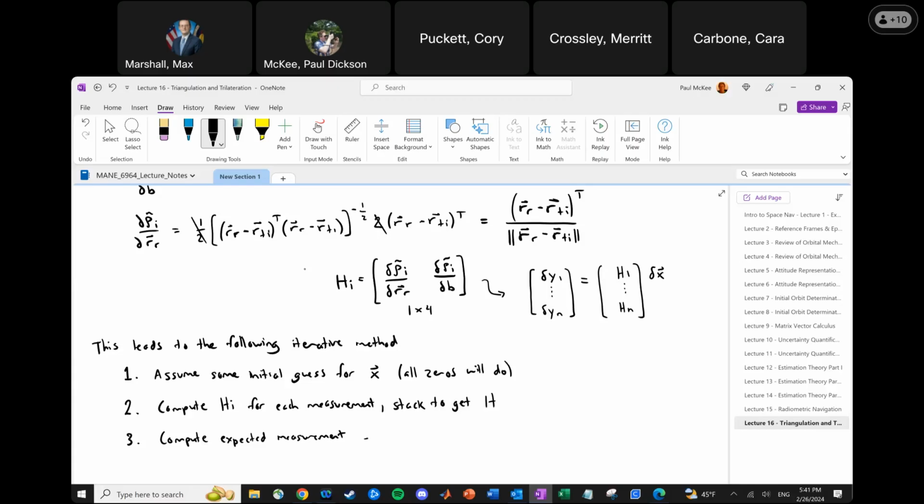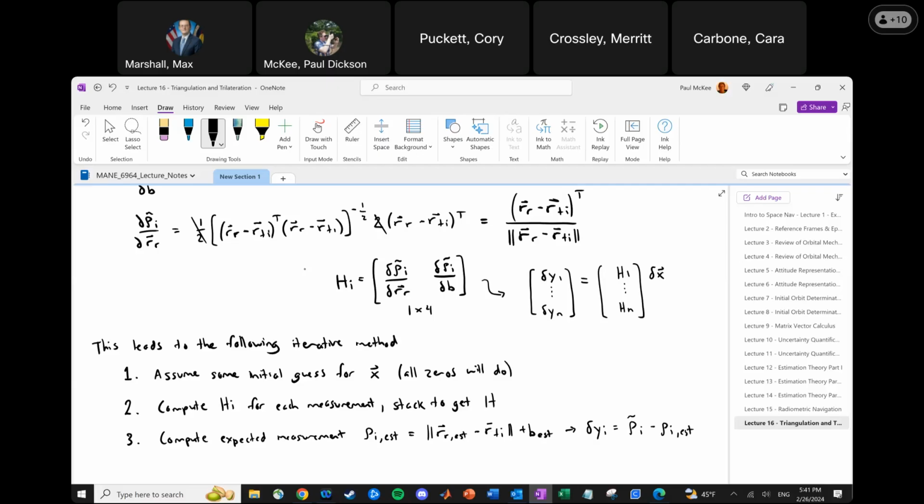So if we were right, rho I estimated is equal to R estimated minus R sub TI plus the bias. Delta YI is just rho I actual measurement minus rho I estimated.